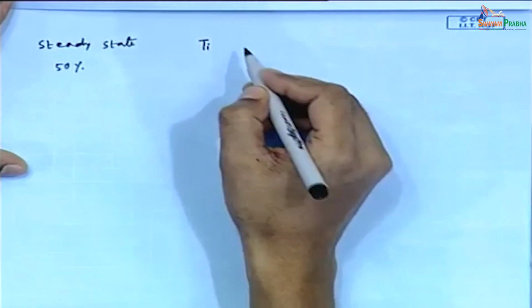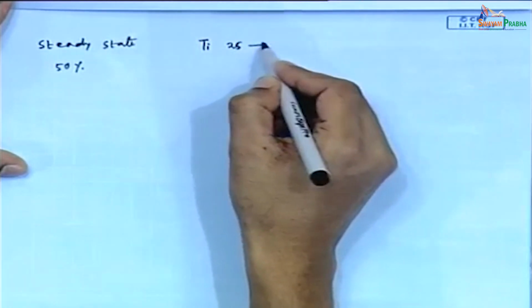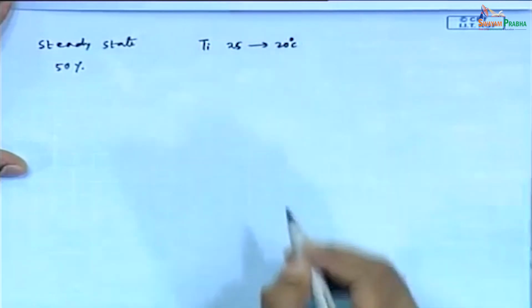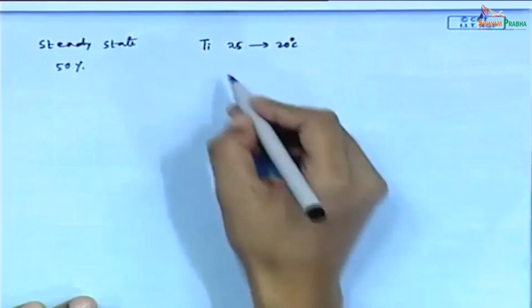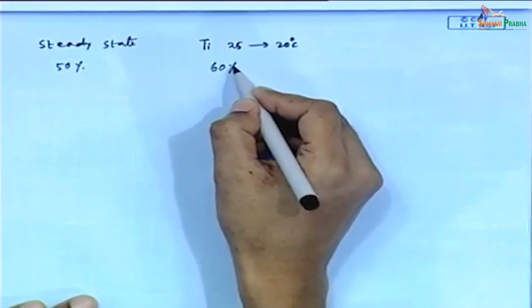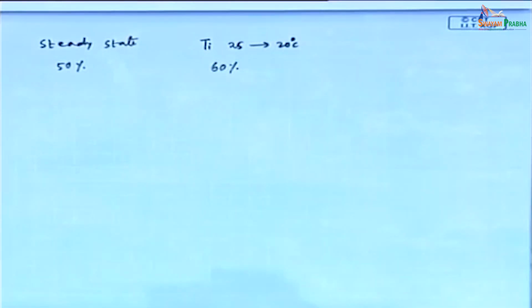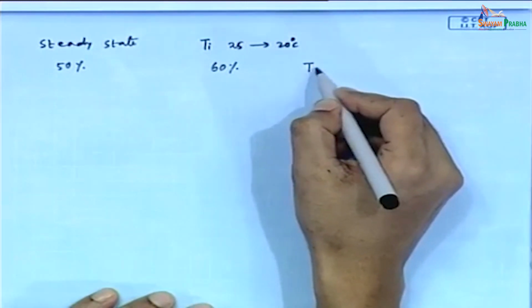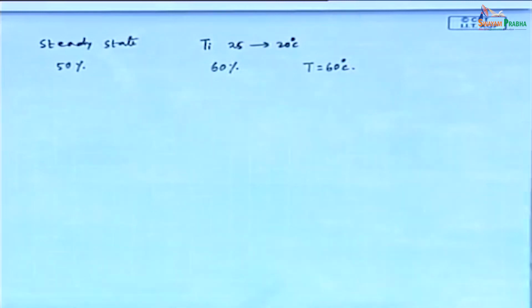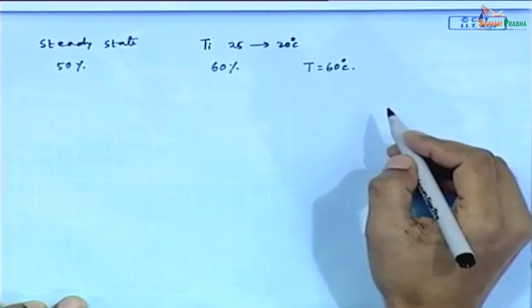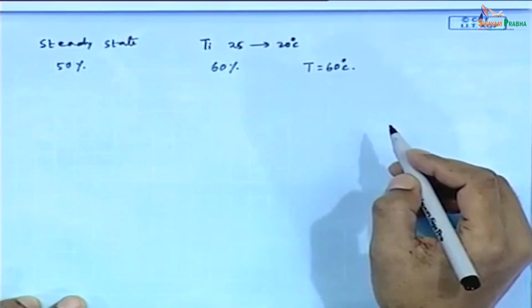If Ti changes from 25 to 20 degrees Celsius, in that case suppose it is required to open the valve 60% to maintain temperature at 60 degrees Celsius. Fine. Now, our manipulated variable is Fst.